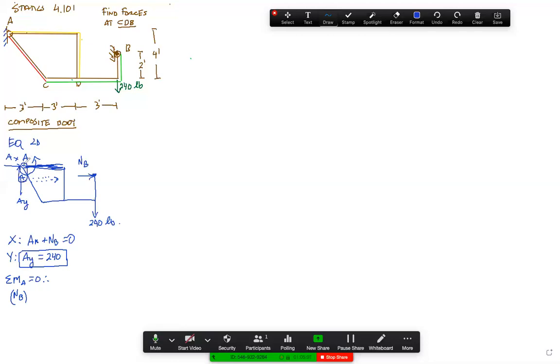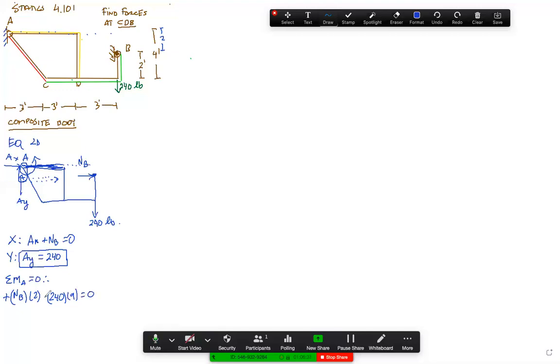I need to walk from here to there, which according to this is a distance of 2, and it should be positive according to my right-hand rule. And the 240 pounds is also producing moment, so let's put 240 times the distance. How much should I walk from here to there? All this way, which is a 9. Therefore now it equals 0.